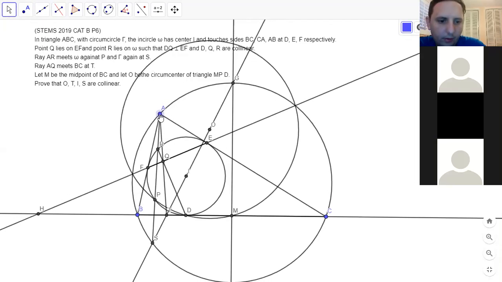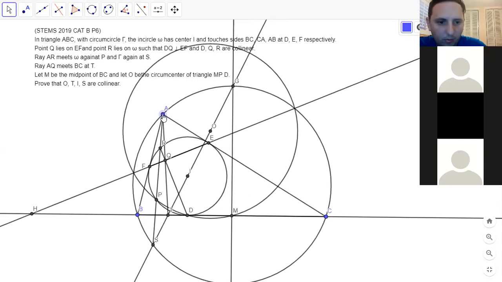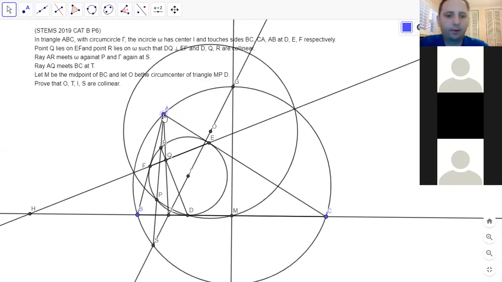So we have to show that either S or T lies on the perpendicular bisector of PD.